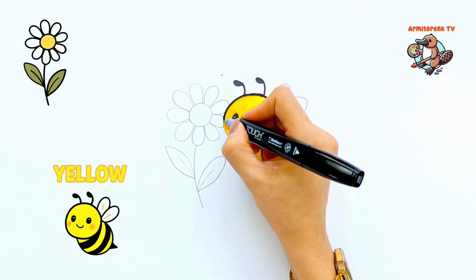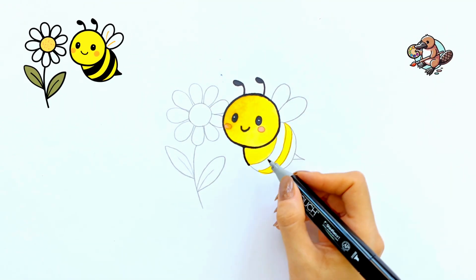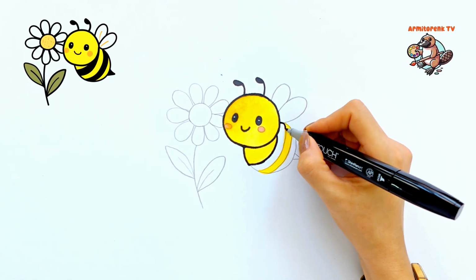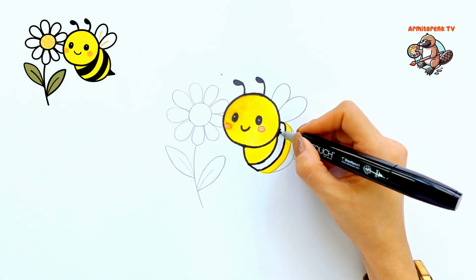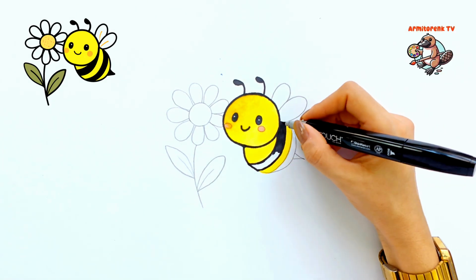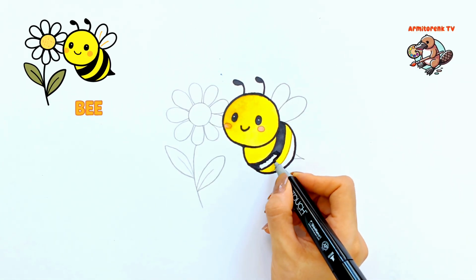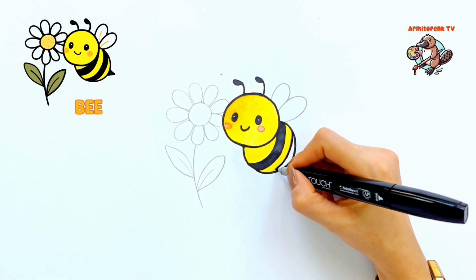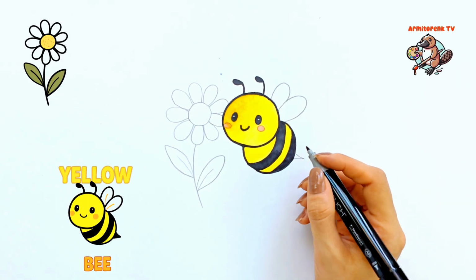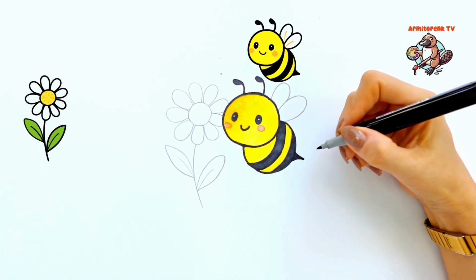Yellow bee. What is this? This is a bee. The bee is yellow. Yellow bee.